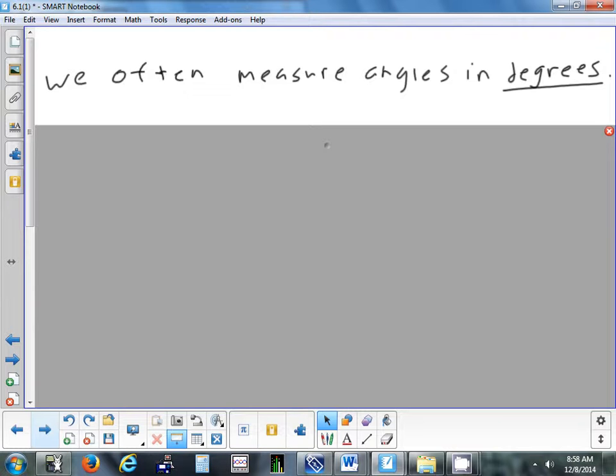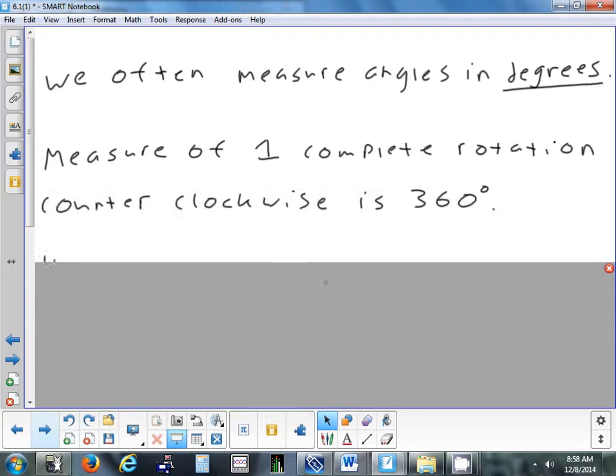You can think of minutes and seconds as fractions of a degree, just like minutes and seconds are fractions of an hour. So you could say you have 2.5 hours, or you could say 2 hours and 30 minutes. Same thing. Generally, we're going to use the decimal.